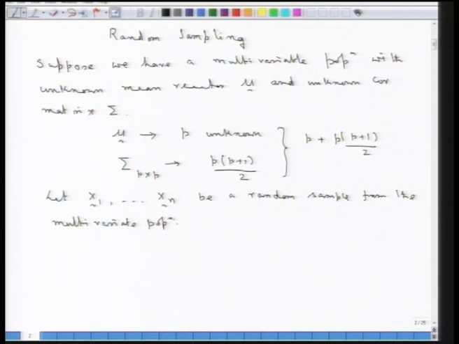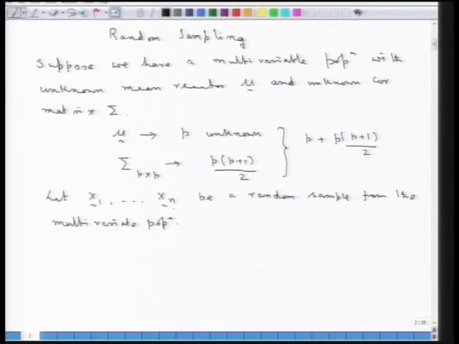Each of these xi vectors is p by 1, because it is drawn from the p variate multivariate population, and hence in order to make inference about the mean vector mu and the covariance matrix sigma, we will be using this particular random sample.